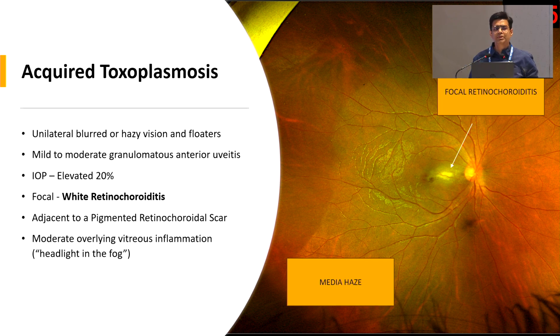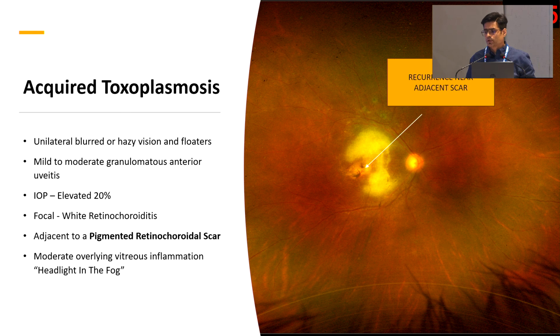Typically in the fundus we see a whitish focal area of retinitis, along with some vitritis. It can also present as a healed pigmented lesion in the center with a surrounding area of retinitis, which is when there is a reactivation.